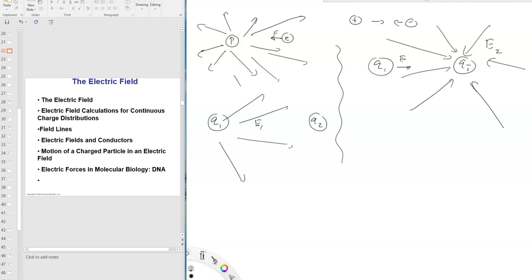Why can't we just use the Coulomb equation all the time? The advantage is we don't have to worry about a second charge. If all we need is a force acting on a given charge, we don't need to worry about who's creating the electric field for it, right? We just need to know the electric field.